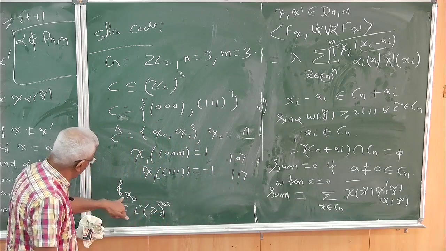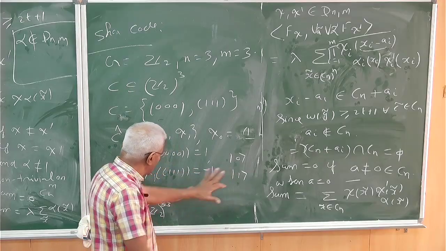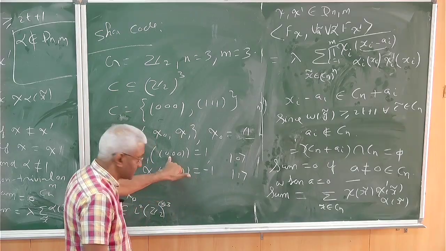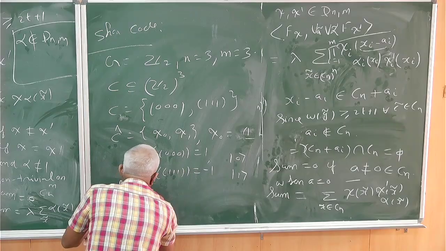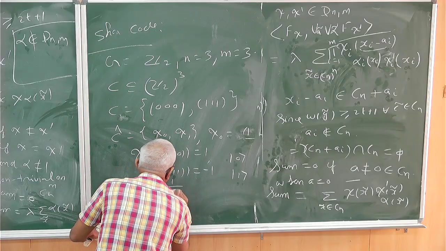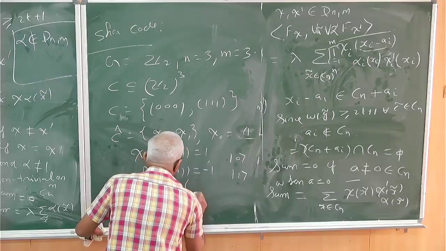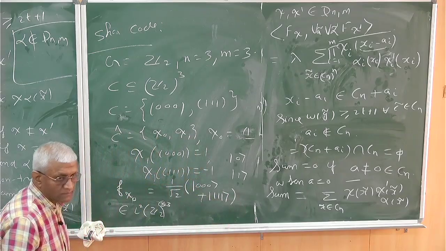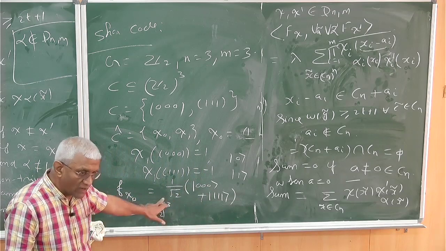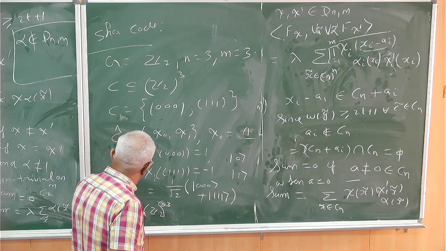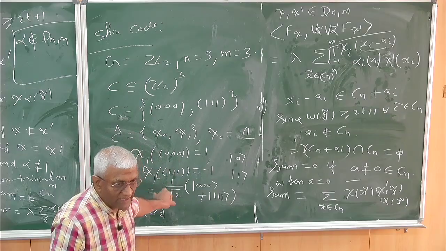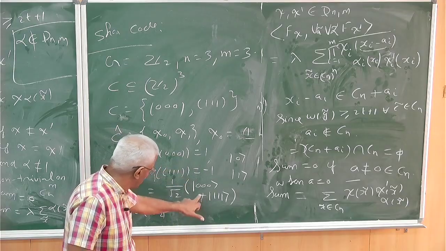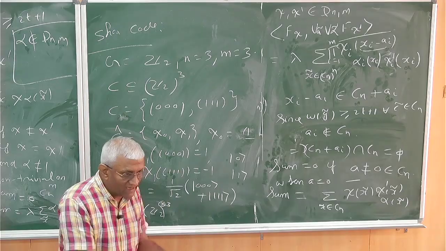Now this chi naught takes the identity to the identity, so it will take 0 to 0 and 1 to 1. So F chi naught will be 1 by square root of 2 times (0,0,0) plus (1,1,1). It takes identity to identity; this is the indicator function at 0 in each coordinate.